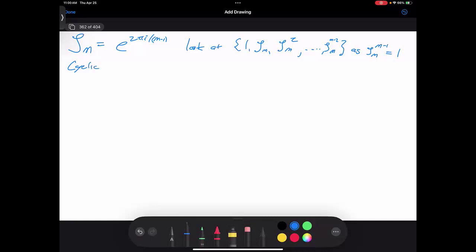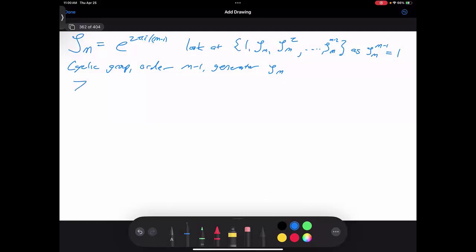So cyclic group, order m minus 1, and we have generator zeta m. It's possible, depending on what is going on, that maybe it has more than one generator, but we know zeta m is going to be a generator.